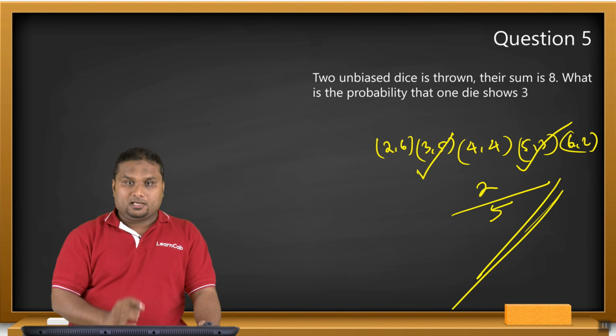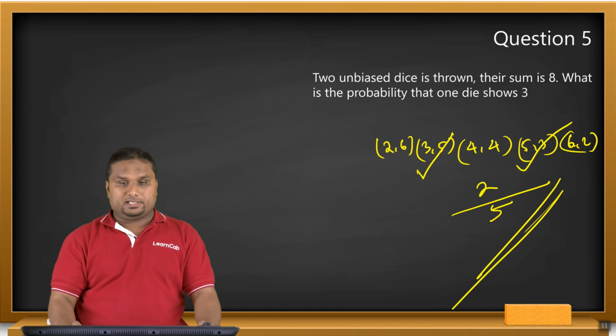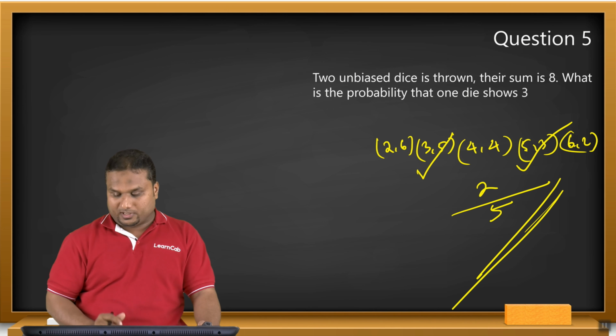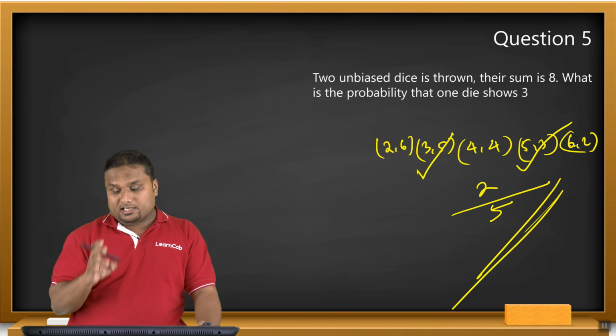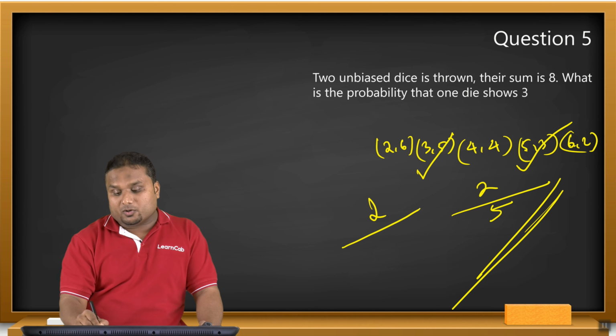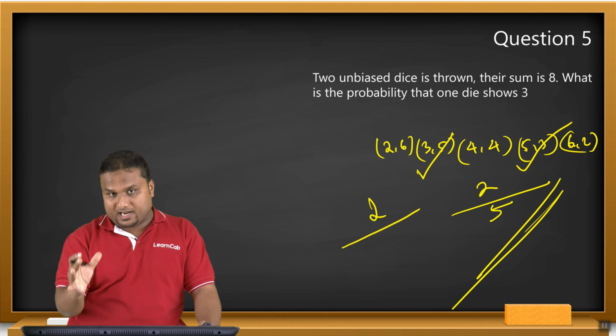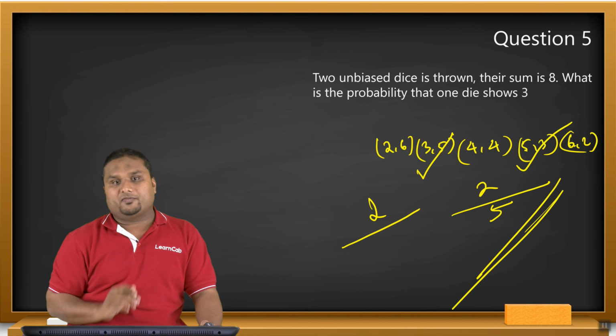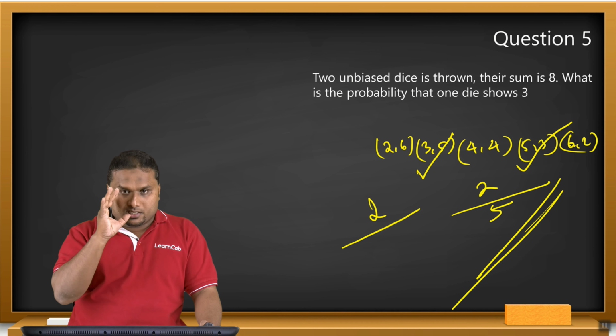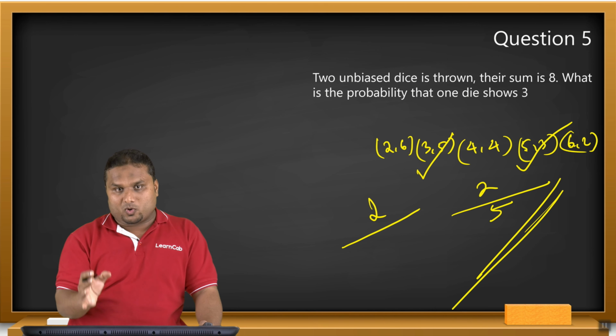For cracking the questions on conditional probability, I have a technique. Whenever the question is asking one die shows and it is conditional probability, the numerator will always be 2, because if there is 3, 5, then definitely there will be 5, 3. Suppose their sum is equal to 9, what is the probability that one die shows 4?